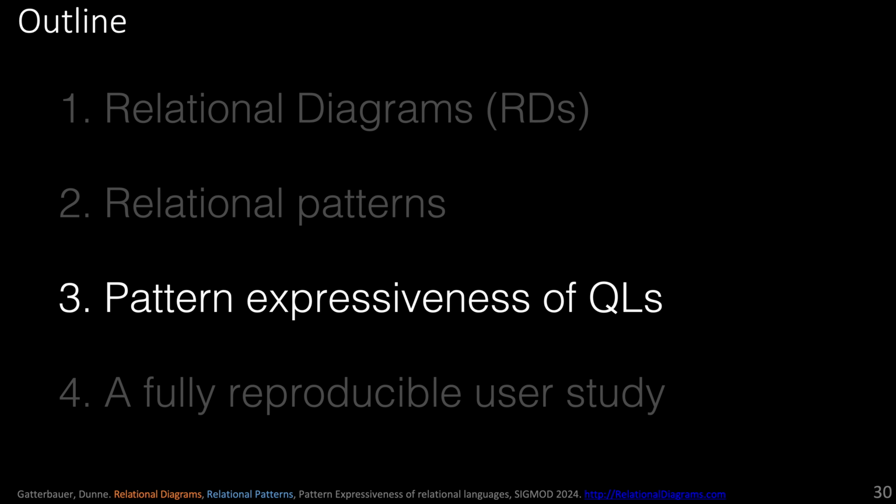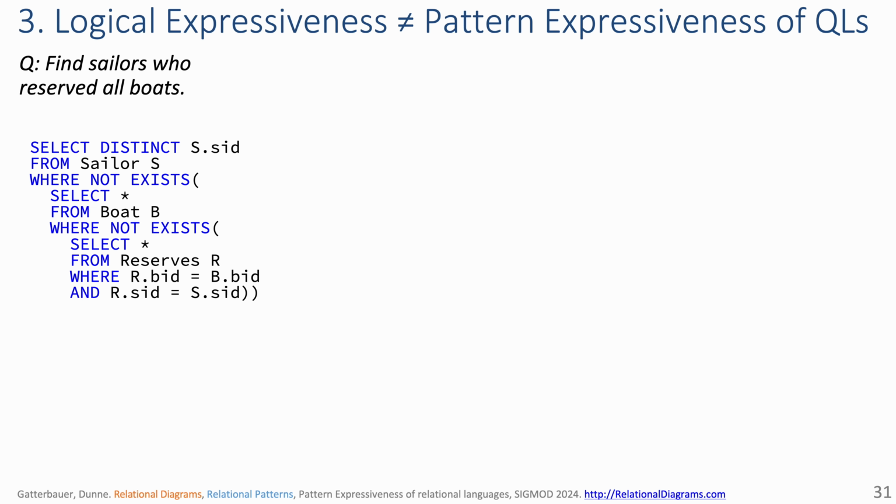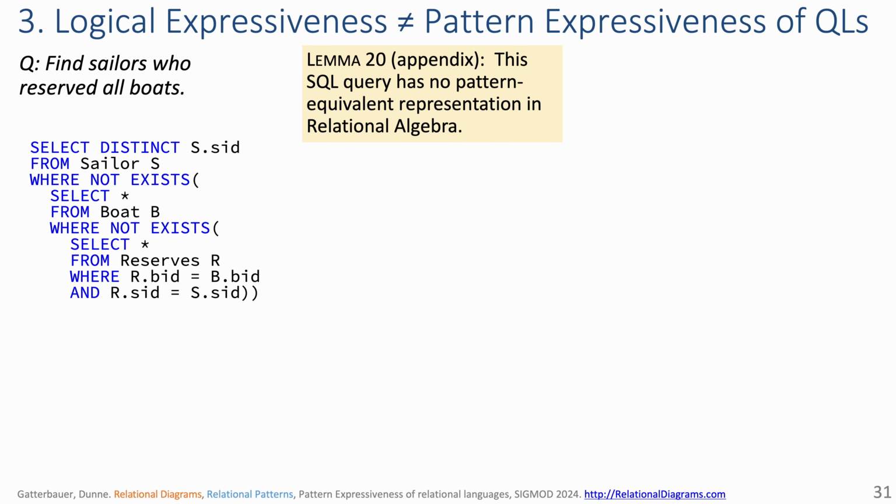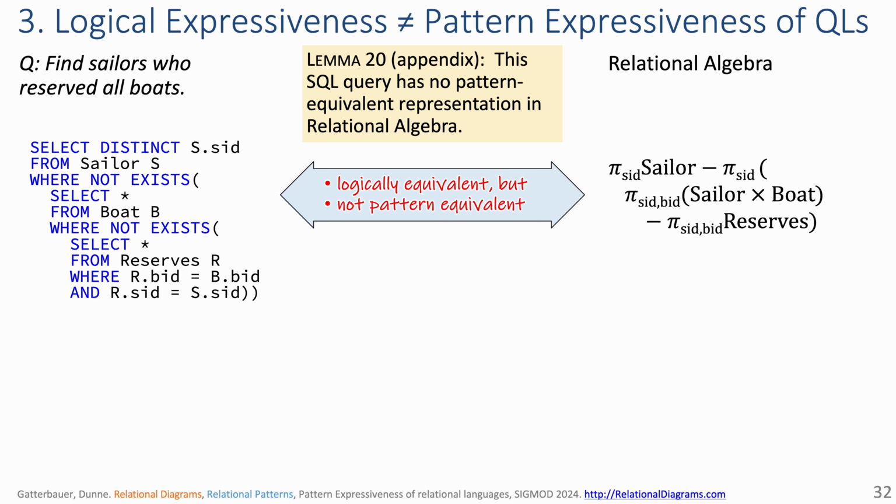We next compare the pattern expressiveness of different relational languages. We see here the query find sailors who reserved all boats in SQL. What we show in our paper is that this SQL query has no pattern equivalent representation in relational algebra. Now we know that there must be a logically equivalent query. After all, relational algebra is relationally complete.